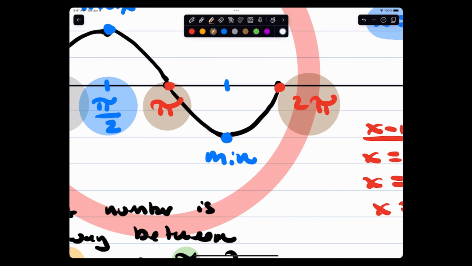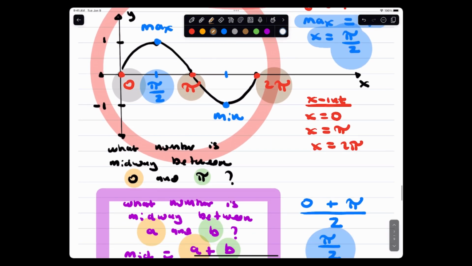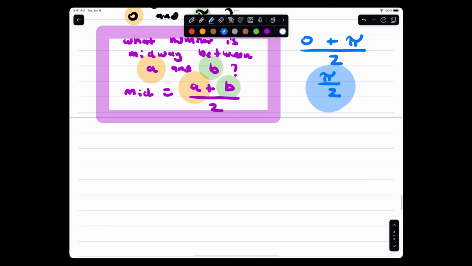So how do you guys get that? Let's do another calculation. Pi plus 2 pi, some arithmetic, divided by 2. What do you guys get? What's midway now? That's going to be 3 pi over 2.